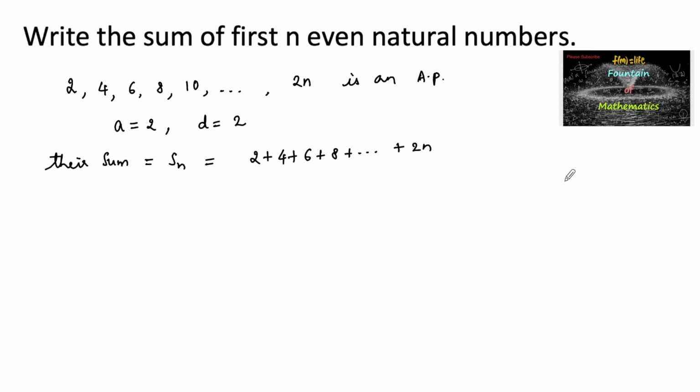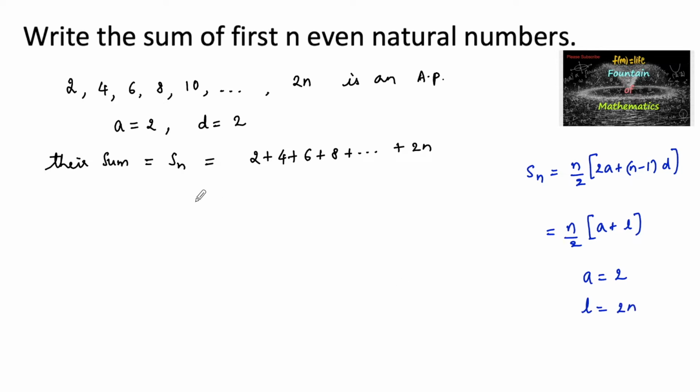2n. Since we know that in an arithmetic progression the sum of first n terms is n upon 2 times 2a plus n minus 1 into d, or we can also write n upon 2 times a plus l, where l is the last term. So here first term a is equal to 2 and the last term is 2n.